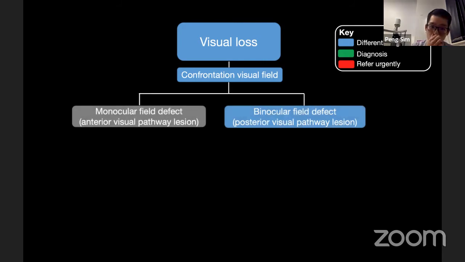As we've previously mentioned, when it's monocular, you can be certain that it's in front of the optic chiasm. And when it's binocular, it's from the chiasm all the way back to the occipital cortex. So if it's binocular, then the next thing to ask is the pattern of field loss.